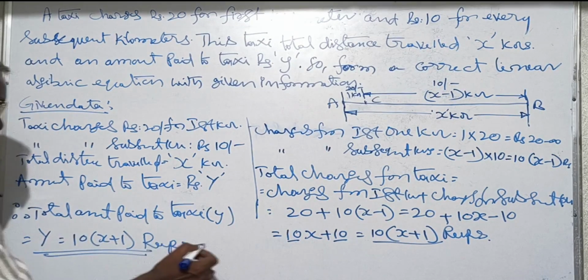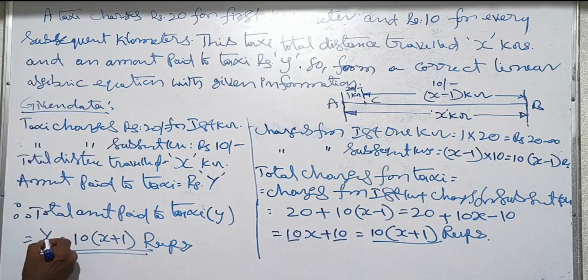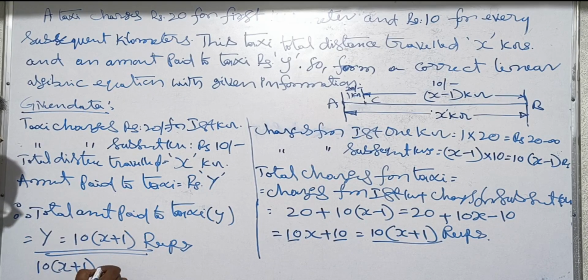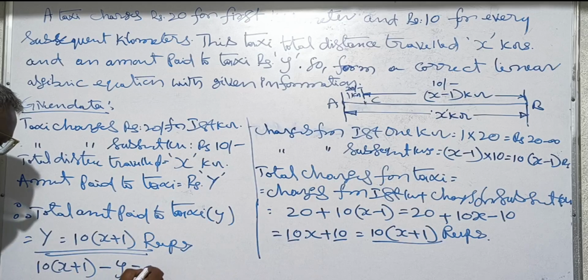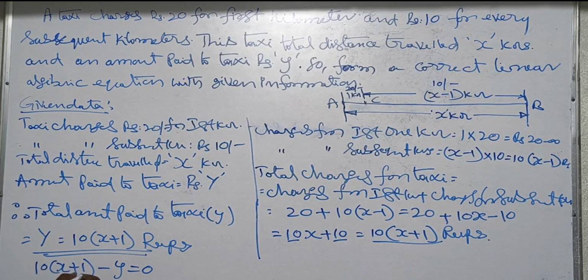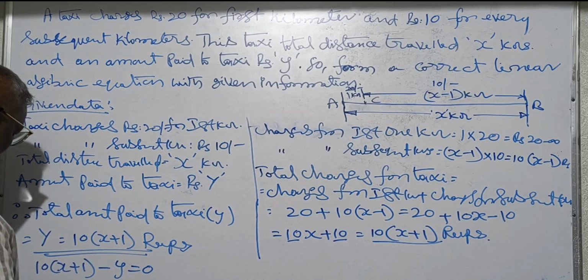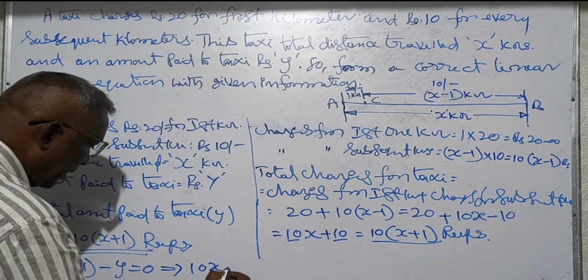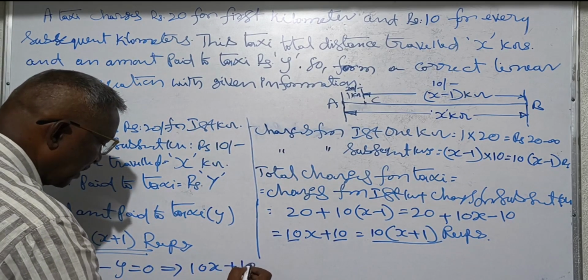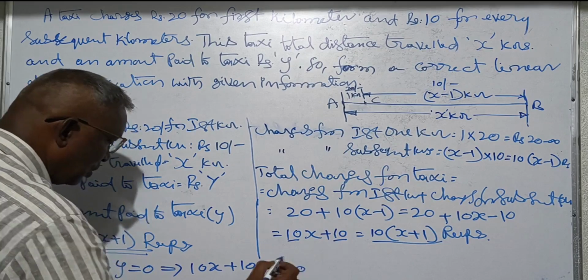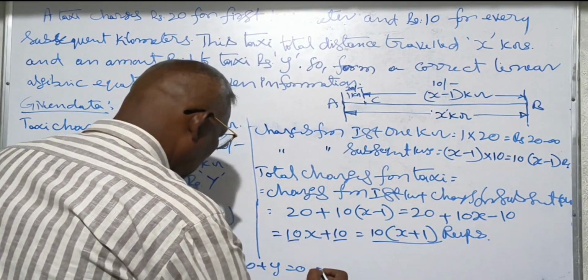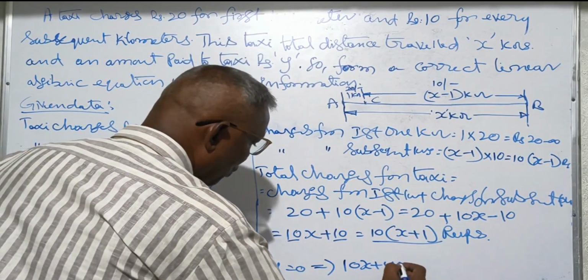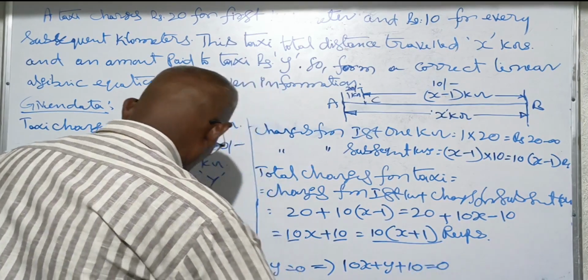For a linear algebraic equation, I will write it like this. I will take y to that side. So 10 into x plus 1 minus y is equal to 0. That is 10x plus 10 minus y is equal to 0.